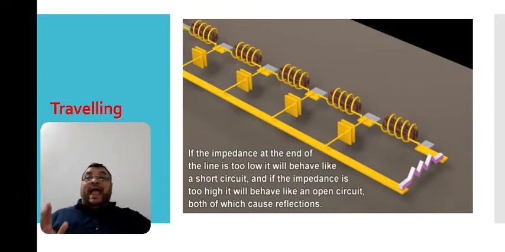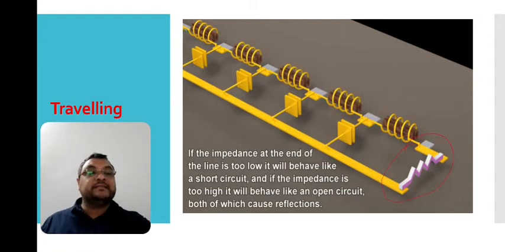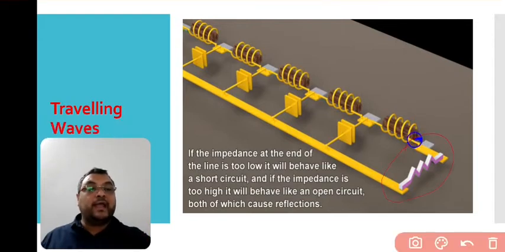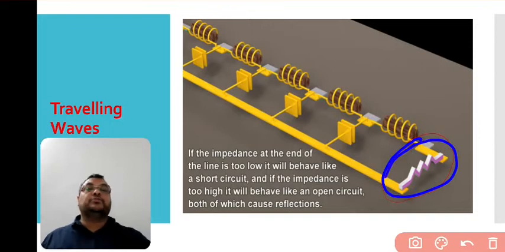Now if the impedance is too low, it will behave like a short circuit, and if the impedance is too high, it will behave like an open circuit. In both cases there is going to be a reflection.